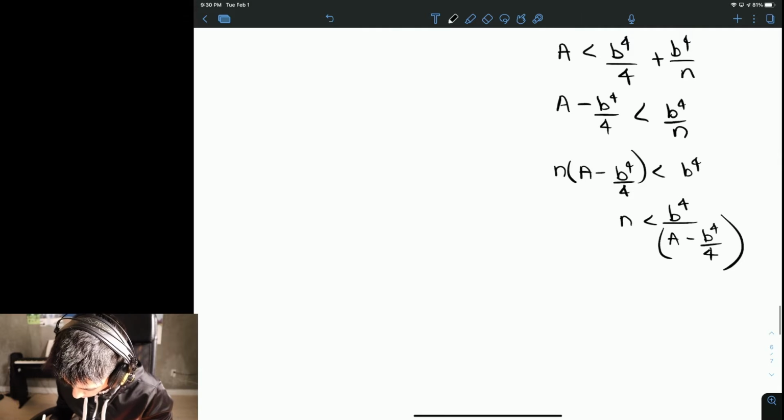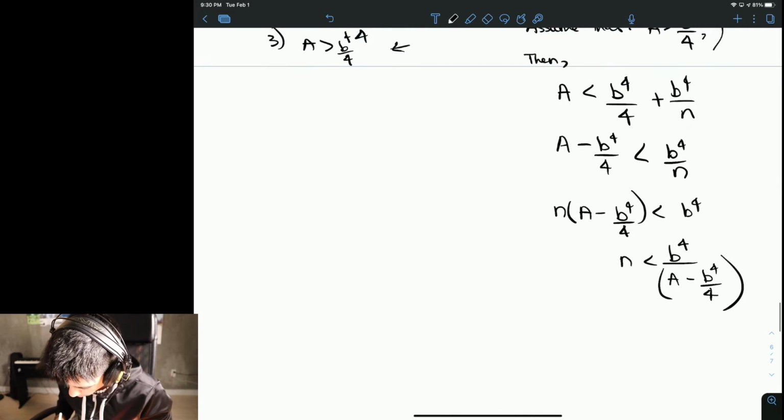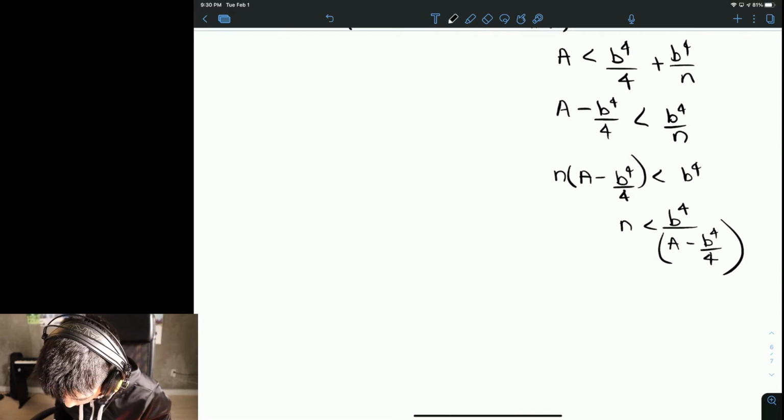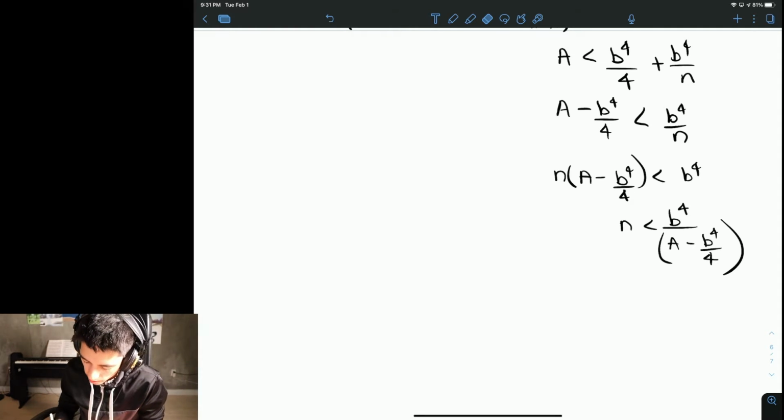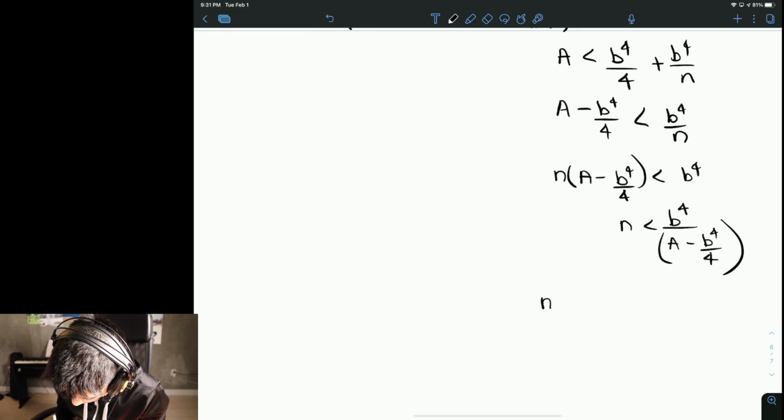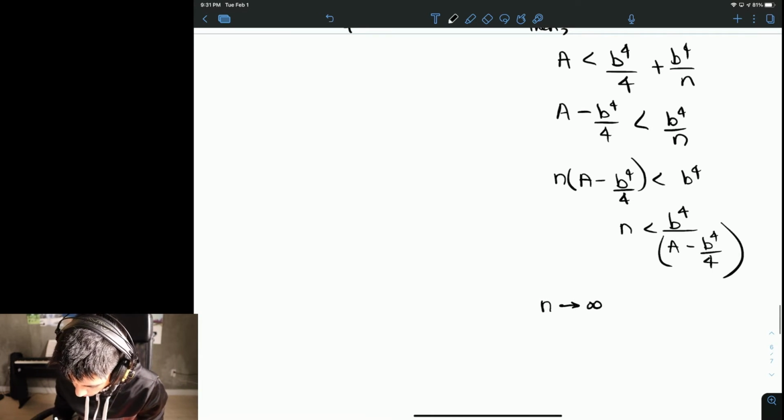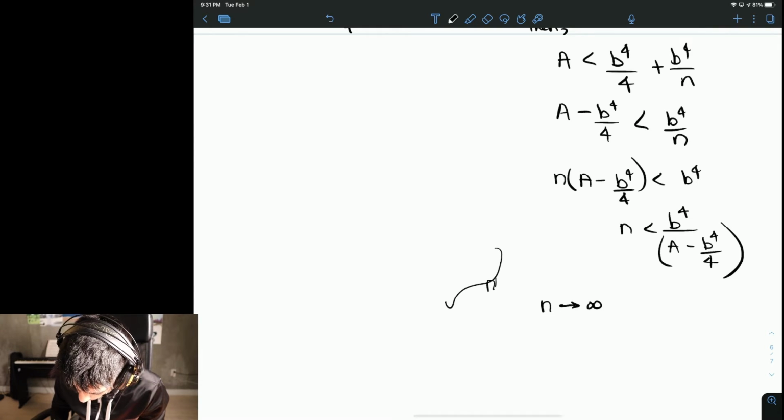And you might look at this and be like, what the heck are we doing? But remember that this value n is some arbitrary number, and as n goes to infinity, we increase the number of rectangles that sit underneath the parabola and make them smaller and smaller, because there's more of them.